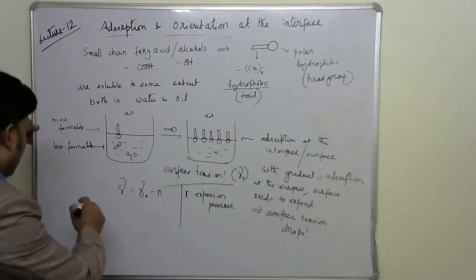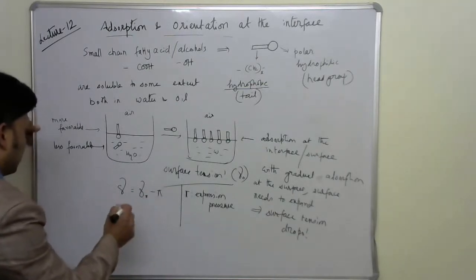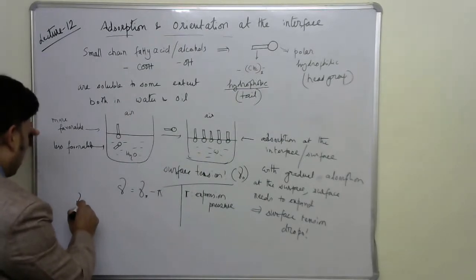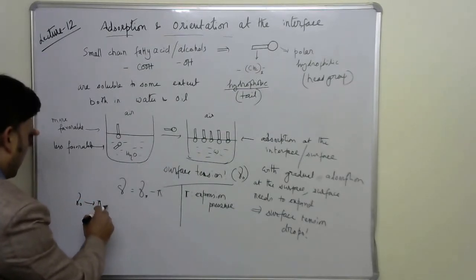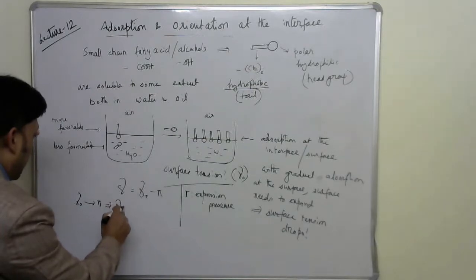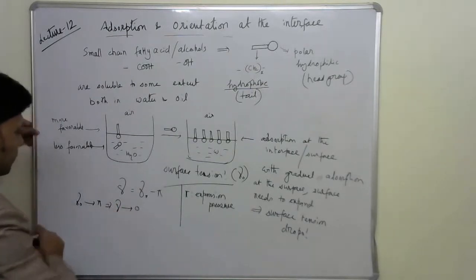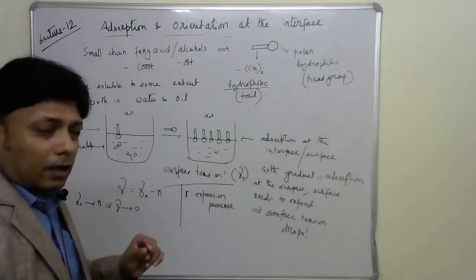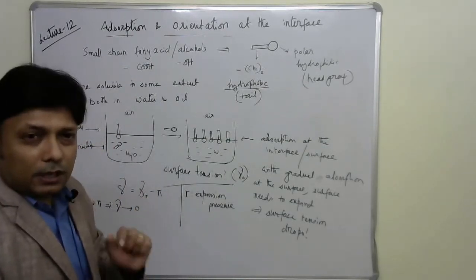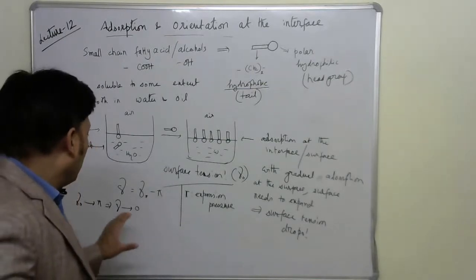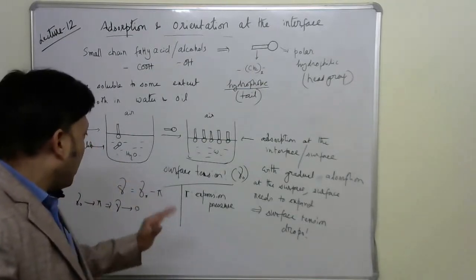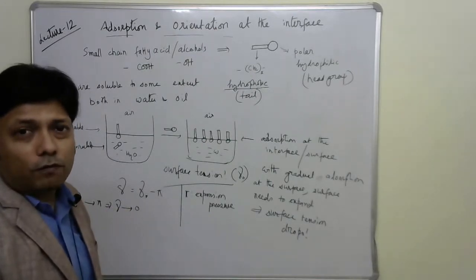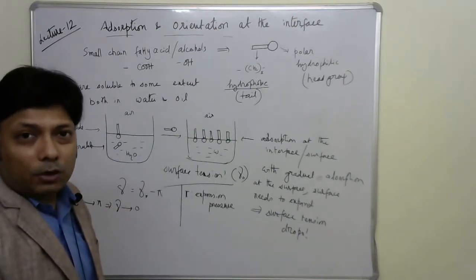Now, sometimes a situation appears where gamma naught tends to pi. When gamma naught tends to pi, that means gamma tends to 0, which means surface tension is not existent. In reality, such a situation arrives, and whenever it does, we say we have met the condition for formation of something called a microemulsion.